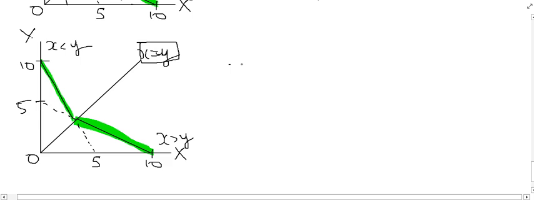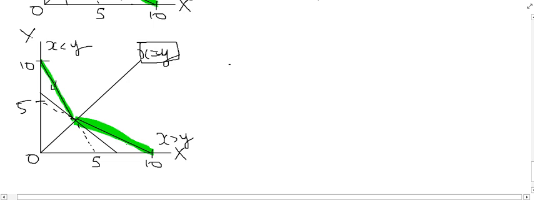Now since the budget line is steeper than this segment and flatter than this segment, the budget line would be something like this. You can see it is steeper than this segment but flatter than this segment.